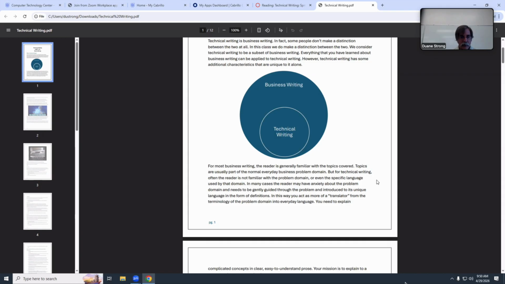So your job as a technical writer is to gently guide them through the problem and introduce its unique language, the definitions. In that way, you're acting more like a translator from the foreign technical terminology of that problem domain into more everyday language.